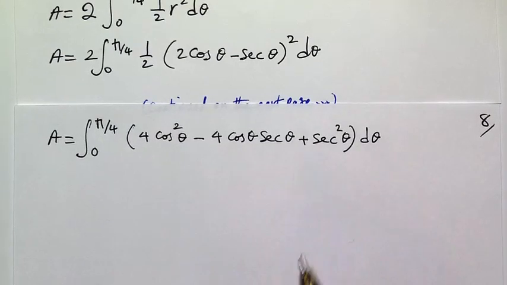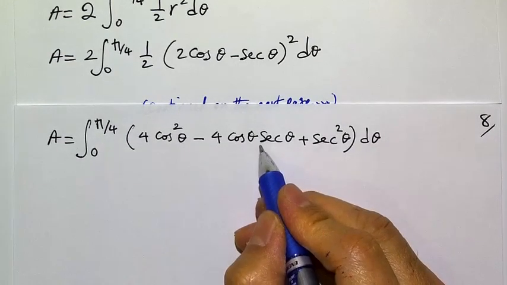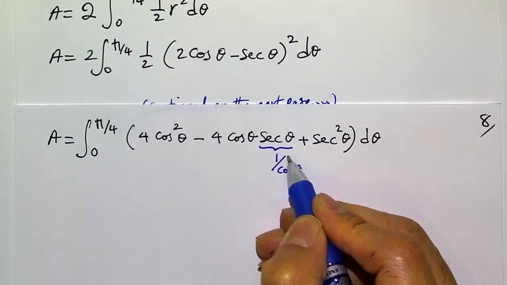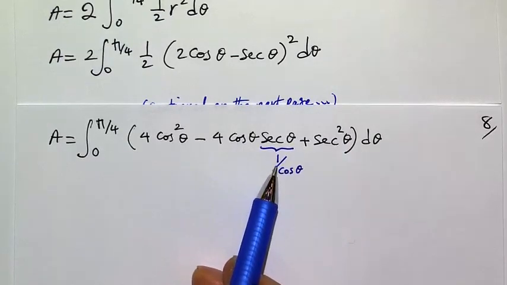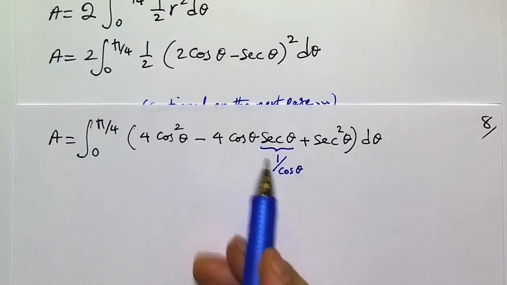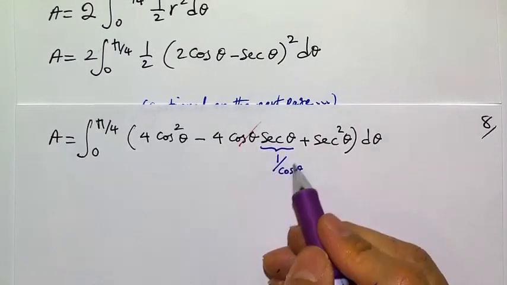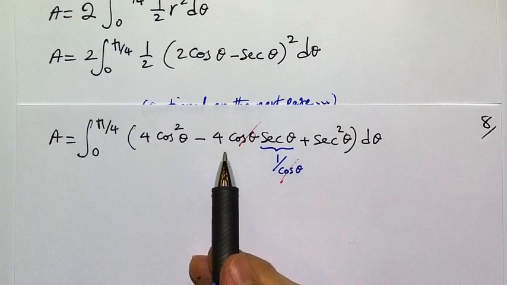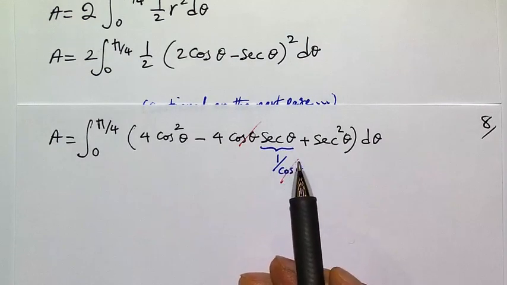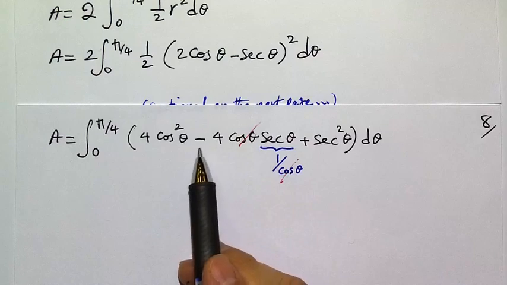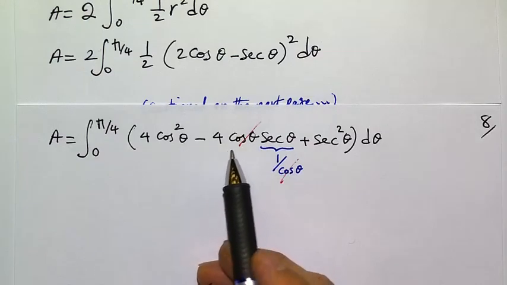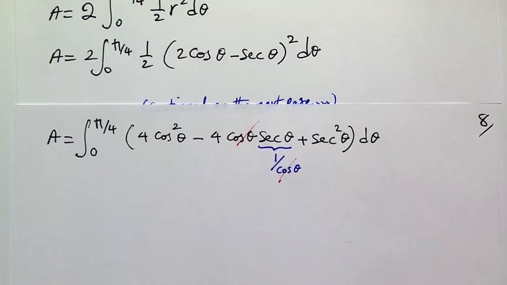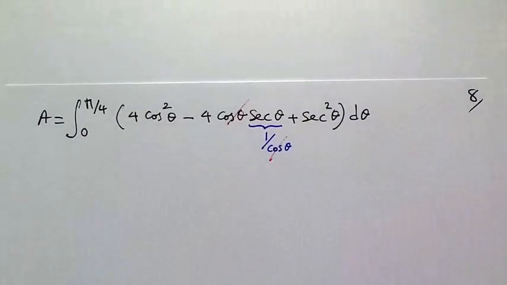Now we know that this piece is just 1 over cosine of theta, right? So cosine theta times 1 over cosine theta, they cancel each other out. We end up with just minus 4 from this middle term.